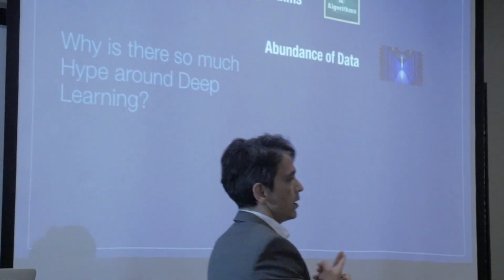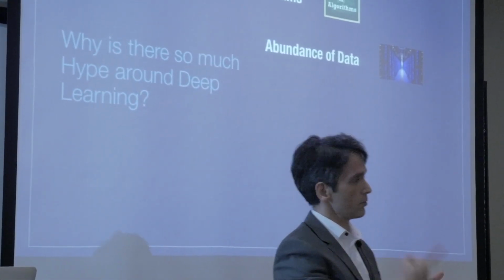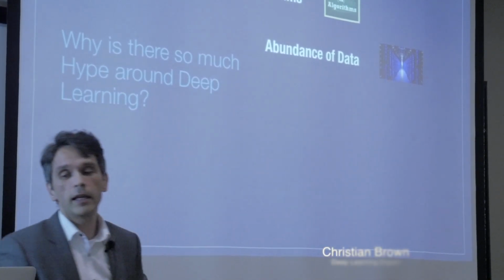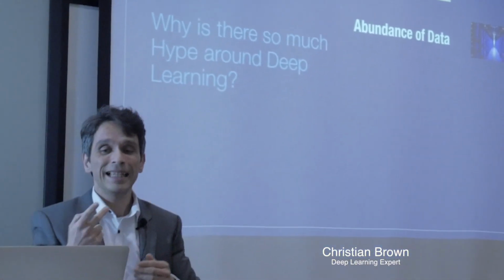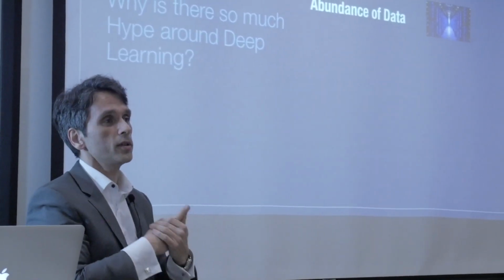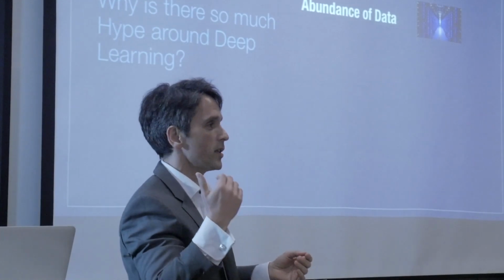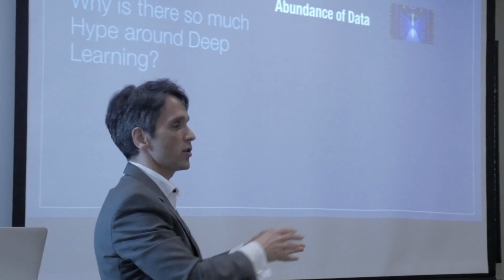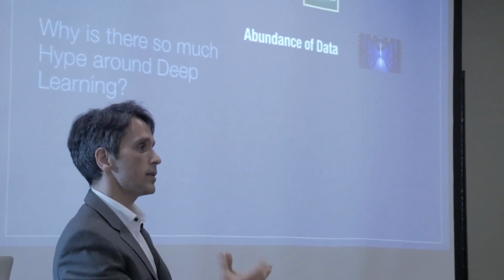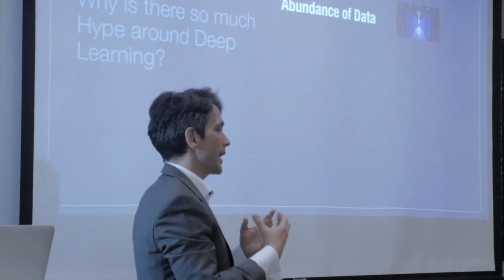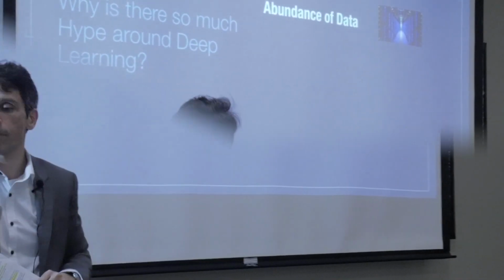So, first of all, researchers have improved algorithms a lot, and we have much, much more data. Now we have tons of data on the World Wide Web. People are posting tons of things, labeled pictures. This abundance of data can be used to train algorithms.